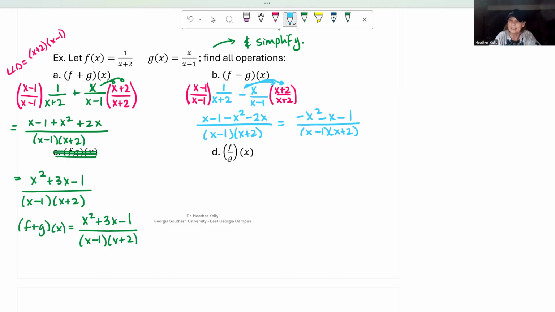I would take it as it stands, but if you have any trouble with your homework, it might be requiring it to be like this. I'm just not sure. I'm just trying to cover my rear end here. It could be this negative x squared plus x plus 1 over x minus 1, x plus 2. And that would be our f minus g of x.